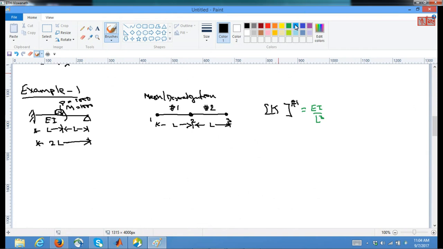In that case, we have shown that the stiffness matrix for the first element is given by 12, 6L, minus 12, 6L; 4L square, minus 6L, 2L square; 12, minus 6L; 2L square.